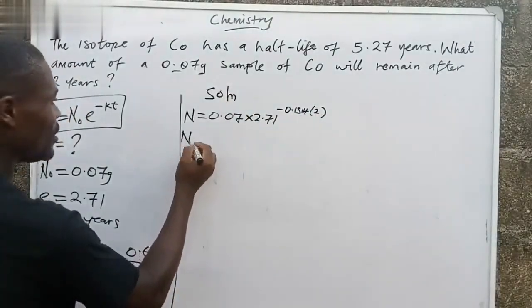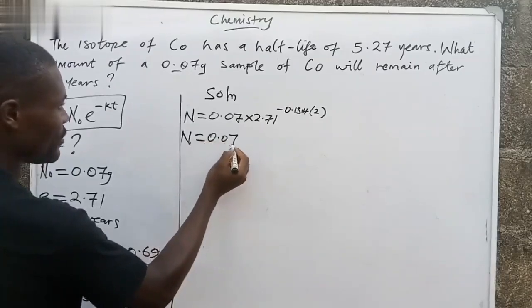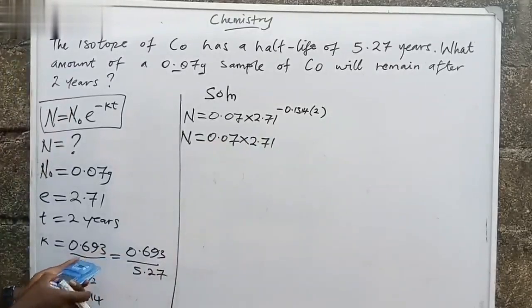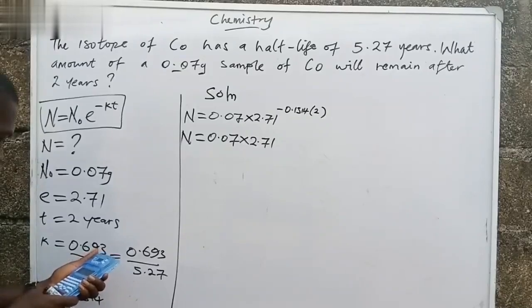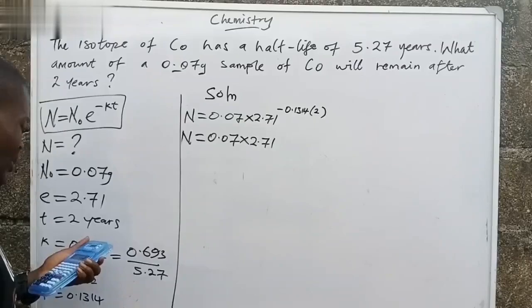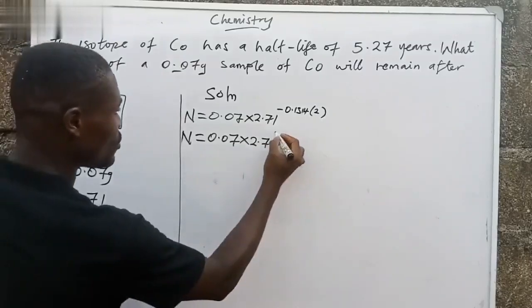So we have that N would be equal to 0.07 times 2.71 raised to the power of minus 0.1314 multiplied by 2, which gives us minus 0.2628.